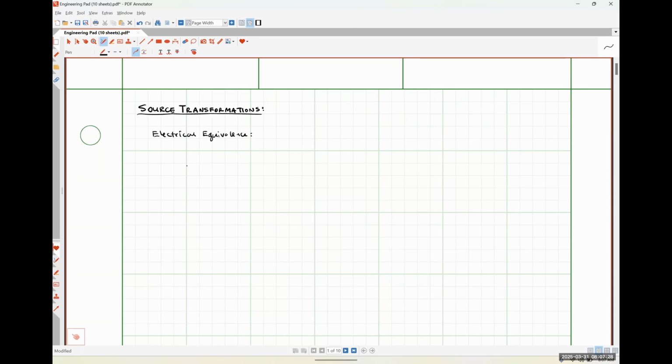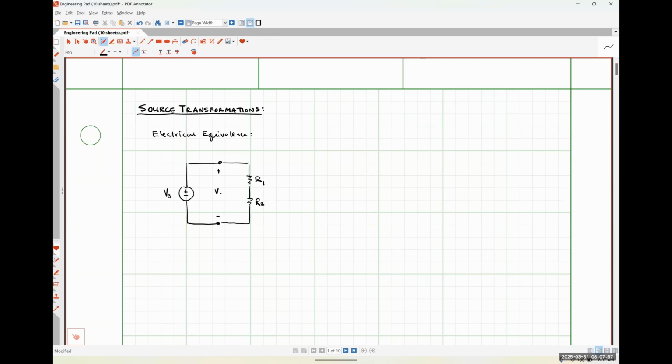We had a system where if we have some source voltage Vs connected to a network containing two resistors in series, let's call these guys R1 and R2.